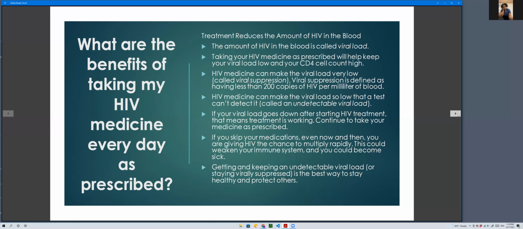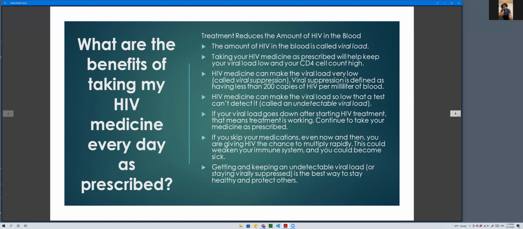HIV medicine can make the viral load very low. That's called viral suppression. Viral suppression is defined as having less than 200 copies of HIV per milliliter of blood. HIV medicine can make the viral load so low that a test can't detect it, and this is called undetectable viral load.